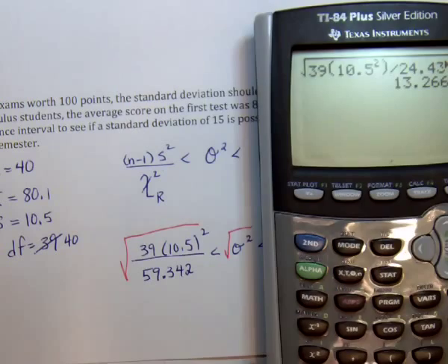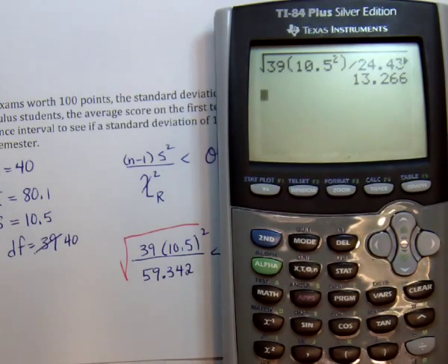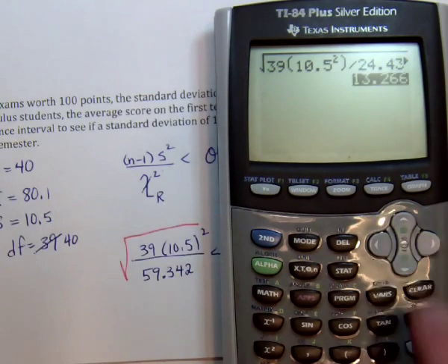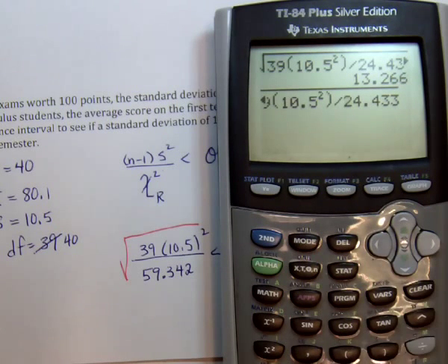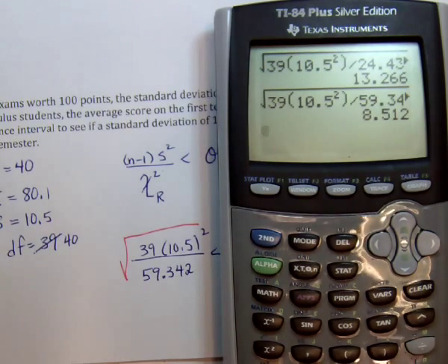Now for the other side, I'm just going to get the problem back again, and all I have to do is change this value on the bottom to 59.342. So 8.512 on the other side.